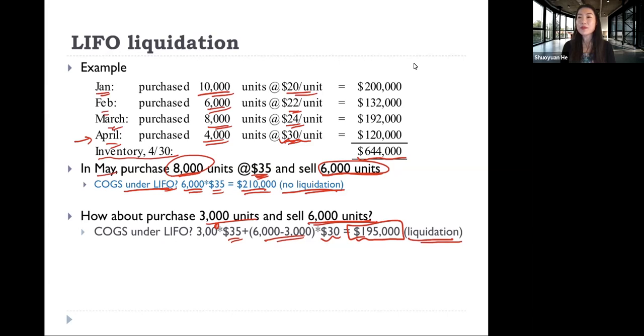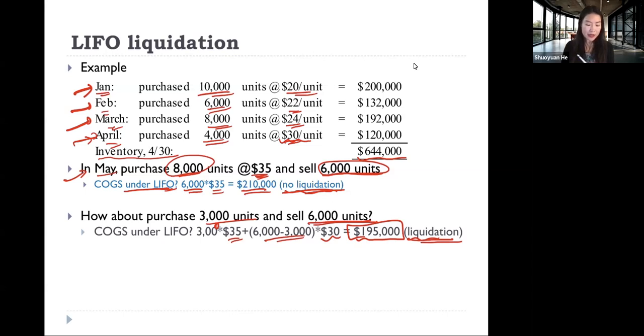So what is the difference between liquidation and no liquidation? Under the situation where there's no liquidation, we're not liquidating any of the layers. This is called an inventory layer. All of those are different inventory layers. You can imagine those being different layers of inventory at different costs.